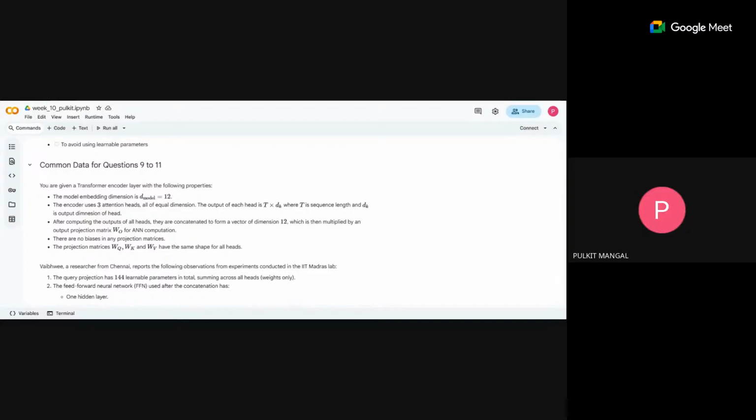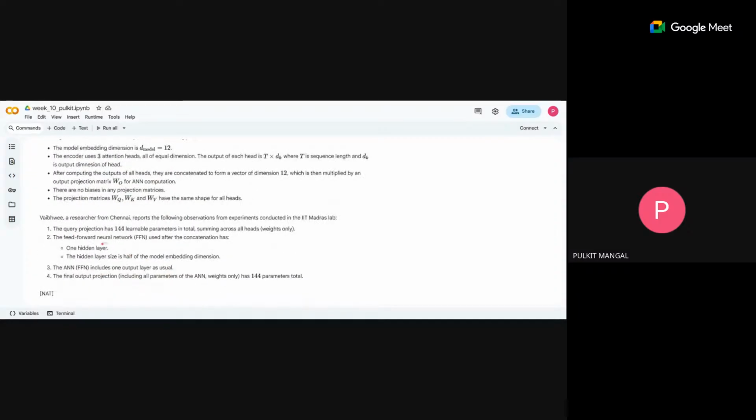Now these are some observations: the query projection has 144 learnable parameters, and the feed-forward neural network that you use after the concatenation has one hidden layer, and the hidden layer size is half of the model embedding dimension. Model embedding dimension is 12, so it will be 6. Then the ANN includes the output layer as well, and the final output projection, including all parameters for the ANN, has only 144 parameters.